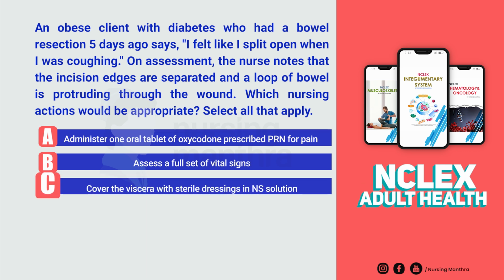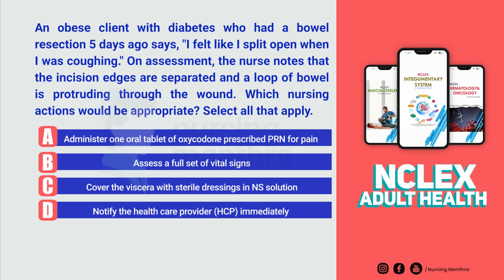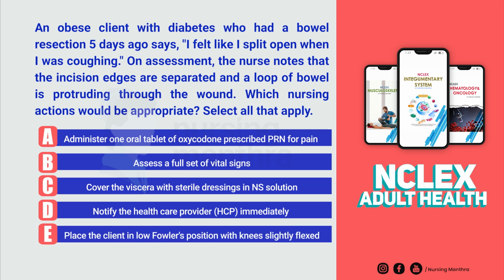Option C, cover the viscera with sterile dressing saturated in normal saline solution. Option D, notify the healthcare provider immediately. Option E, place the client in low Fowler's position with knees slightly flexed. These are the options given for the select all that apply question.